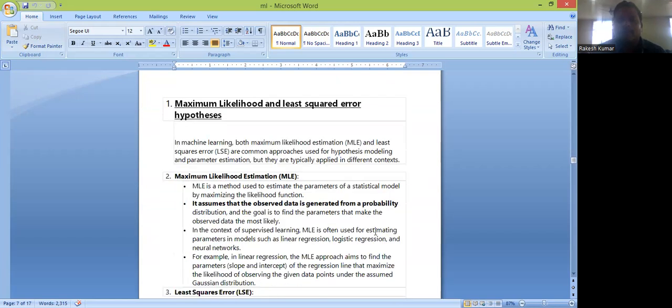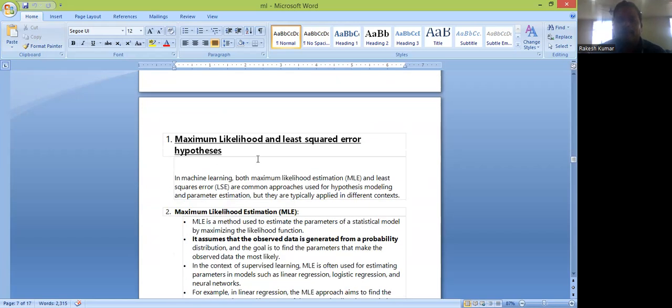So, as already said, maximum likelihood leads to the least squares hypothesis in machine learning. Both maximum likelihood estimation and least squared error are common approximations used for hypothesis modeling and parameter estimation, but they are typically applied in different contexts.